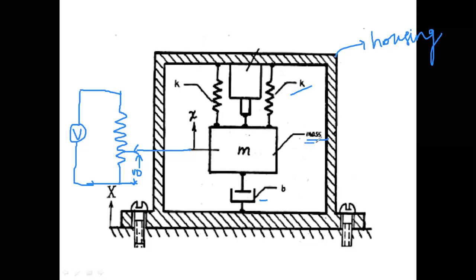The mass element is attached to a spring and dashpot, so that the damping of the mass element is not that much more, and it slowly moves according to the acceleration given to the housing. If the mass moves, its displacement is connected to the potentiometer wiper, so the wiper will move and the output voltage is a measure of the acceleration applied. Very simple.